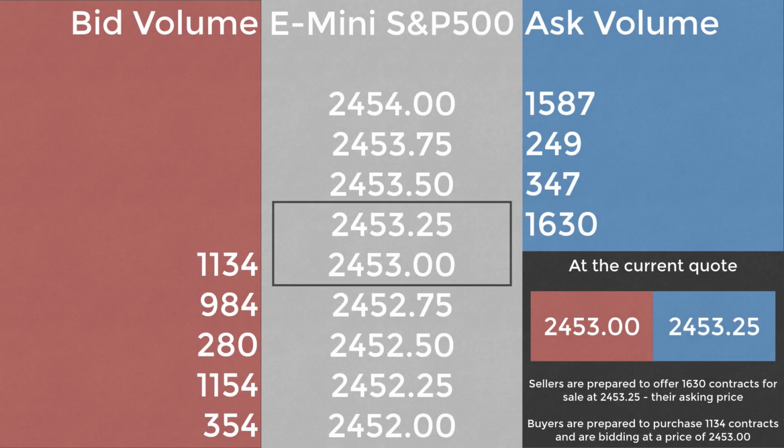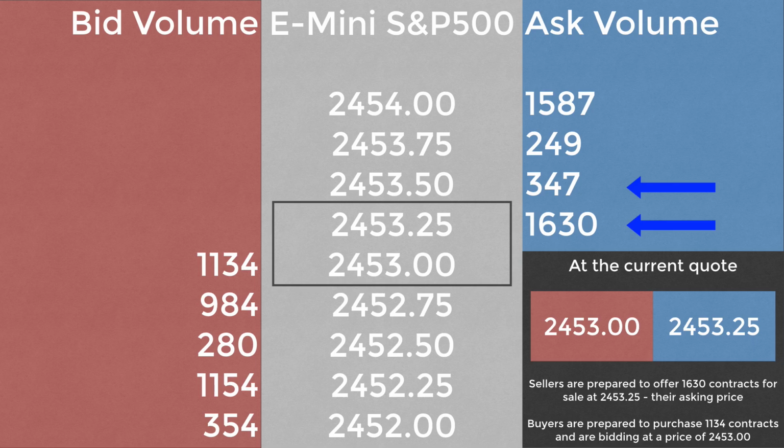Let's imagine you're a large trader and you want to buy 1700 lots in ES. If you look at this DOM, you can see that at 53.25 there are 1630 contracts available to buy, and at the price level above it we've got another 347 contracts available to buy.